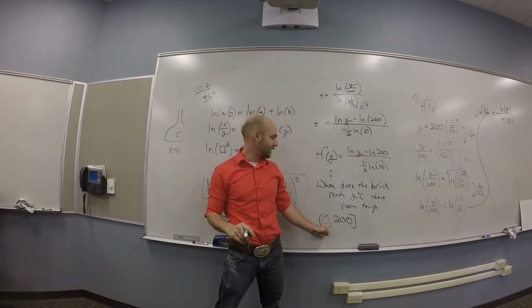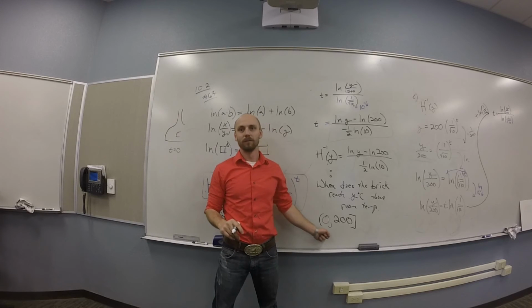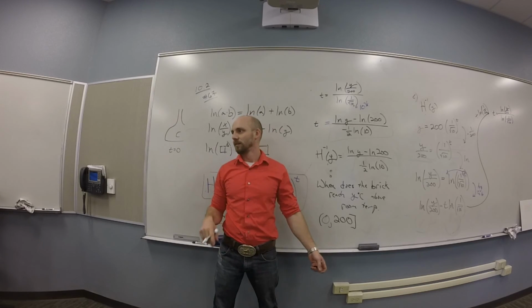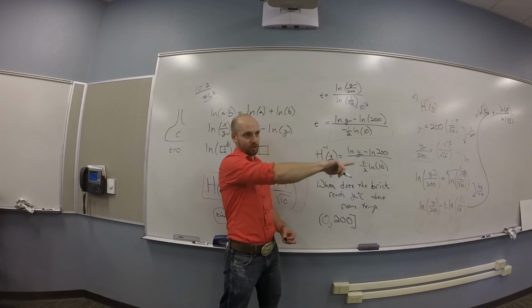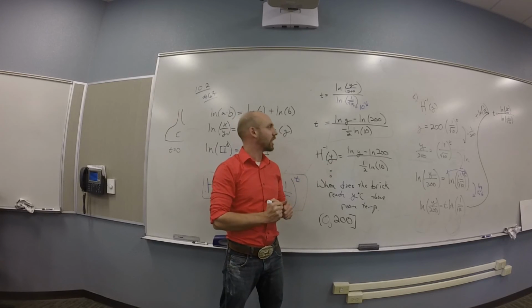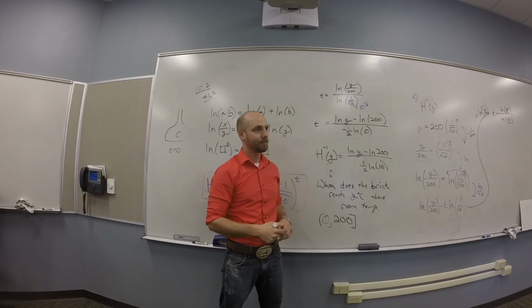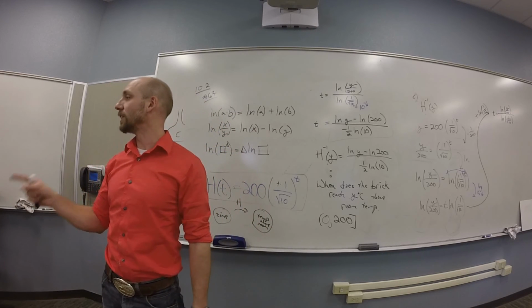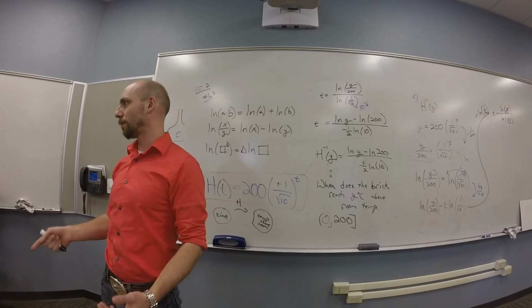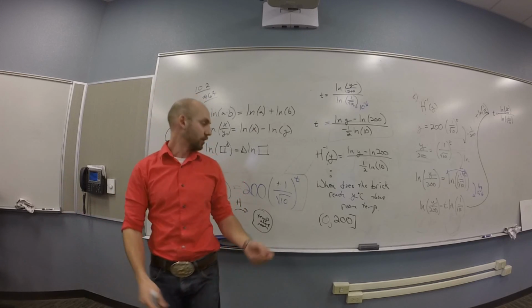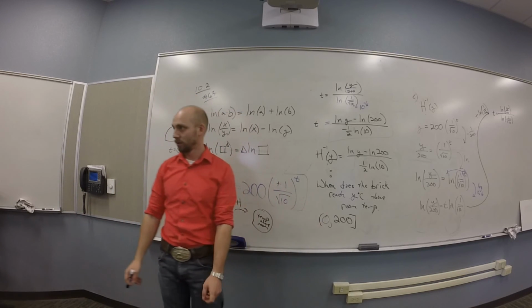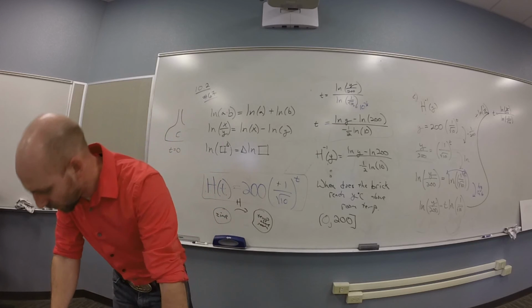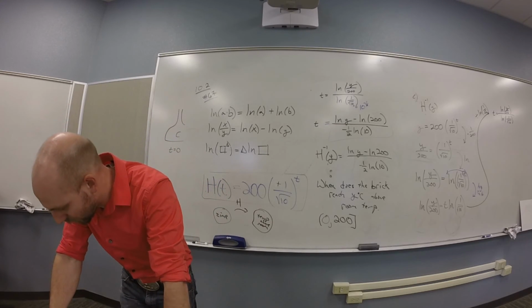And it cannot be 0 degrees above room temperature, because it won't ever actually reach that value. It's just tapering off. Wait, wouldn't 0 be room temperature now? Yeah, 0 would be the brick reached room temperature. I know it can't, so that's not allowed. Yeah, there's a horizontal asymptote there.